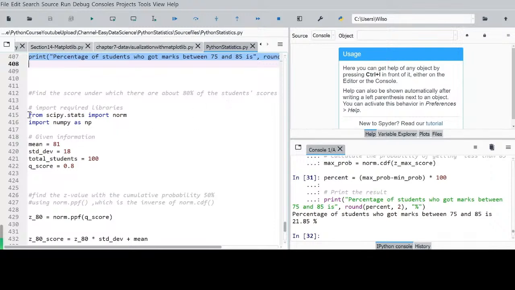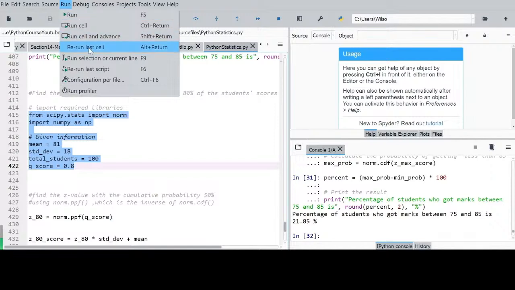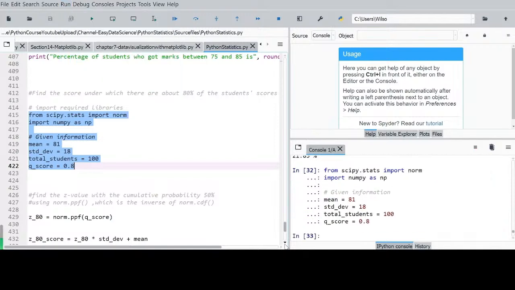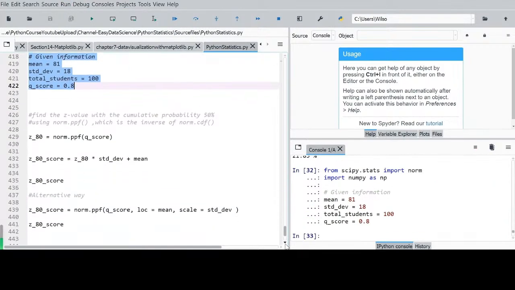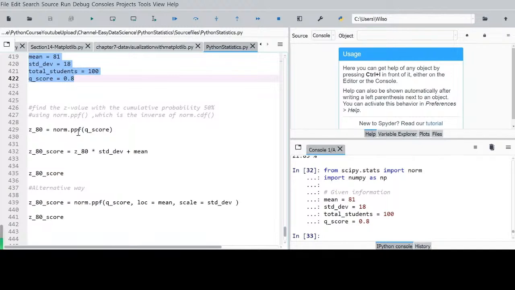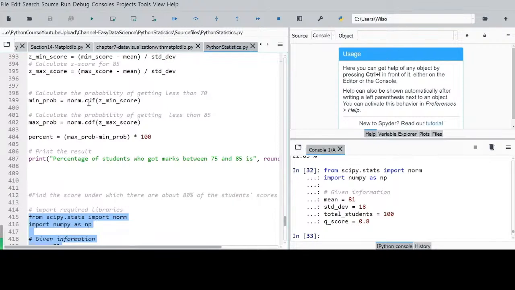So we first also import the module and define the mean value and standard deviation. Then here we set a Q score. Q is the probability. We set the Q score here to 0.8 first. Next we will use a function called norm.ppf. ppf is the inverse function of the CDF in the norm module.